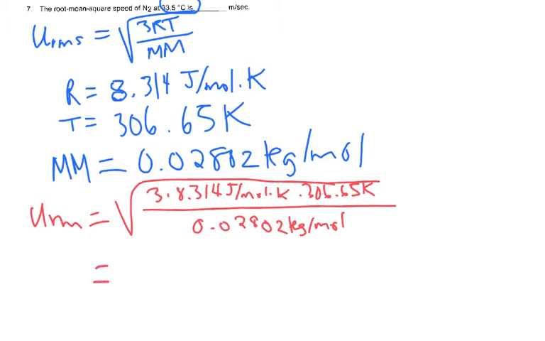Let's put this in the calculator. Alright, so the root mean squared then is 522.46 meters per second.